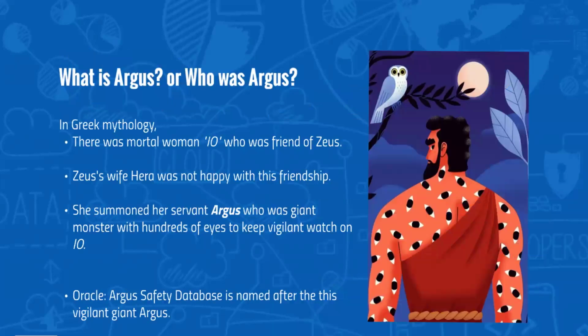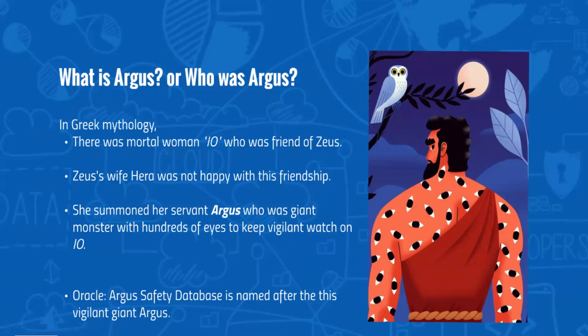So how did the Argus name come into existence? There is a Greek mythology in which Argus is a giant monster who has hundreds of eyes. In the picture you can see it has unlimited eyes. Okay, these are not any dress or anything. It is the eyes which he has, and without moving anywhere, he can look anywhere.